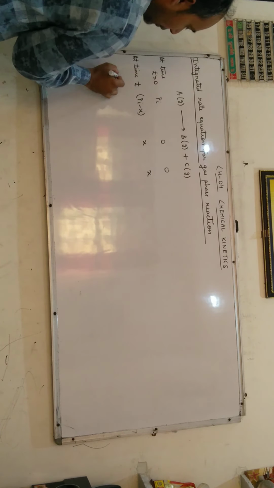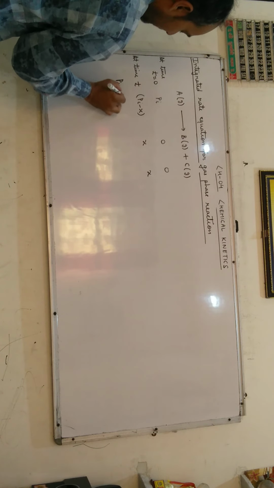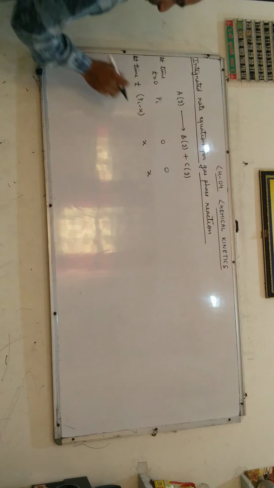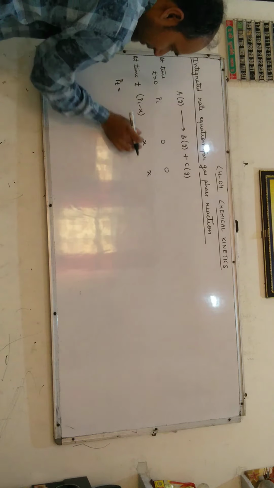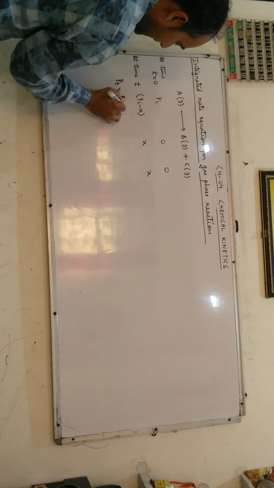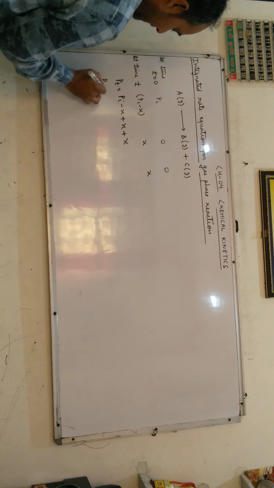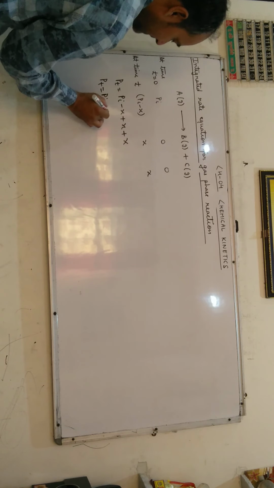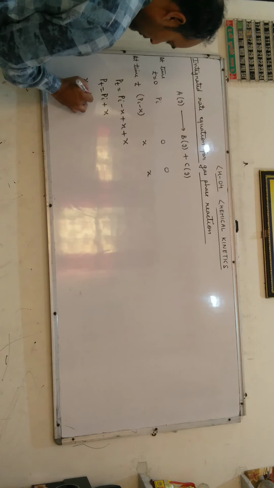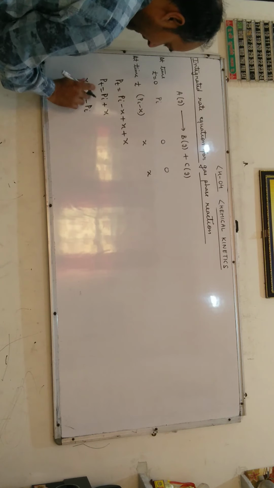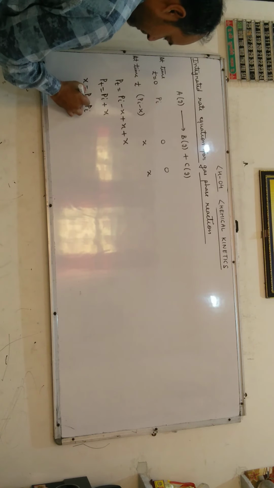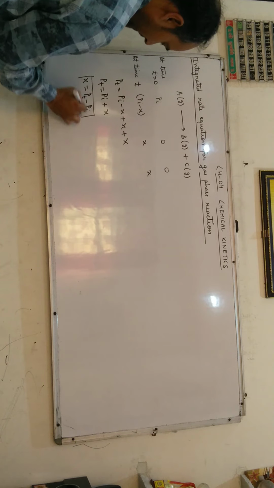Now, the total pressure may be obtained by adding the partial pressures, that is Pi minus x plus x plus x, cancelling, and Pt is equal to Pi plus x. Thus the value of x comes out to be Pt minus Pi.